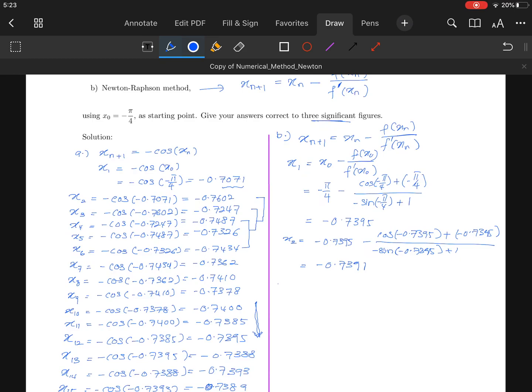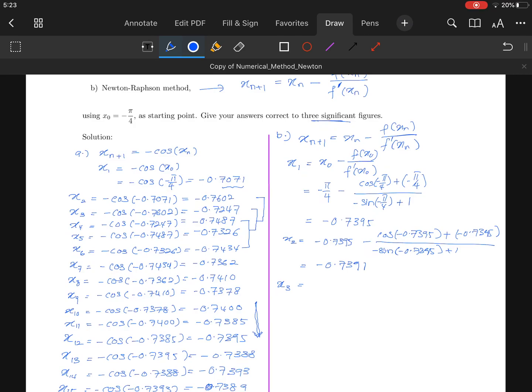You can see that with Newton's method, after two iterations we already have what we achieved in the iteration method, which is way faster. Newton's method is a really powerful method that gives rapid convergence in this case.